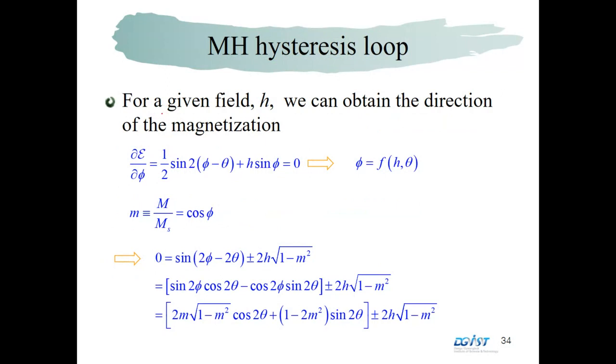So let's think about that. For a given field, let's fix the field. We obtain the direction of the magnetization from this relation, but it's not easy. The angle of the magnetization, which is what you want to find, is a function of the external field and theta. And also we think about the small m.